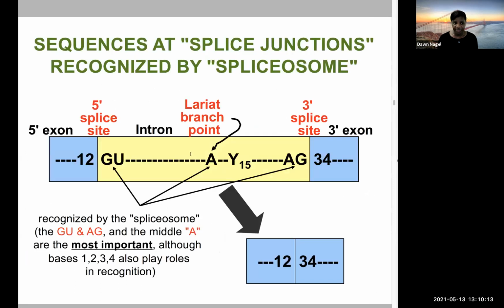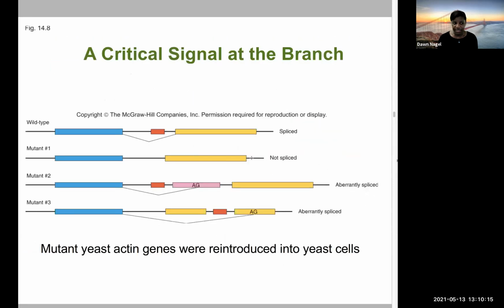So if you look at this wild type RNA transcript, you have an intron, you have a proper splice site present within this intron, that A site present in that intron, you will have proper splicing. So you will splice exactly at the 5', 3', remove this region.